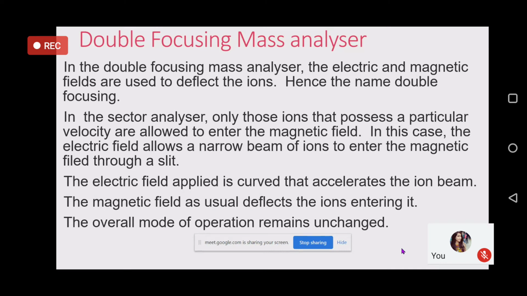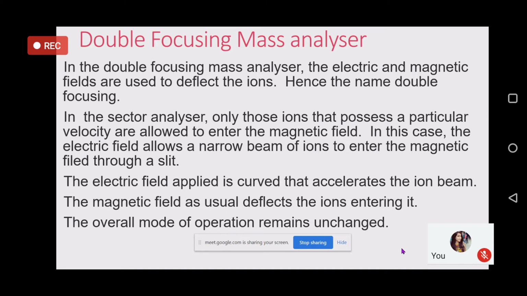In a single sector analyzer, what we are assuming is that all particles having the same m by z will have the same velocity because they have been accelerated by the same electric field. So initial velocity is not there. Whatever velocity they gain will depend on the energy supplied and on the mass. So all fragments with the same m by z value will have the same velocity.